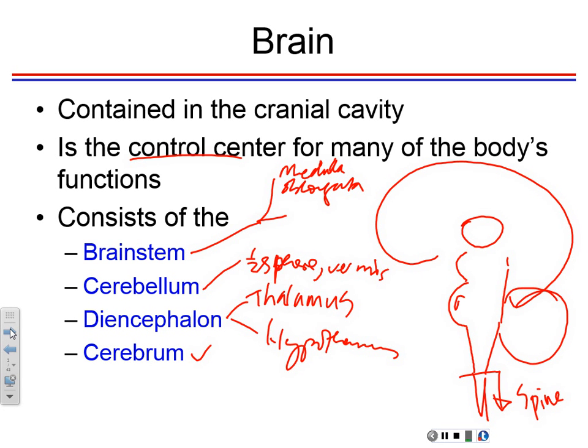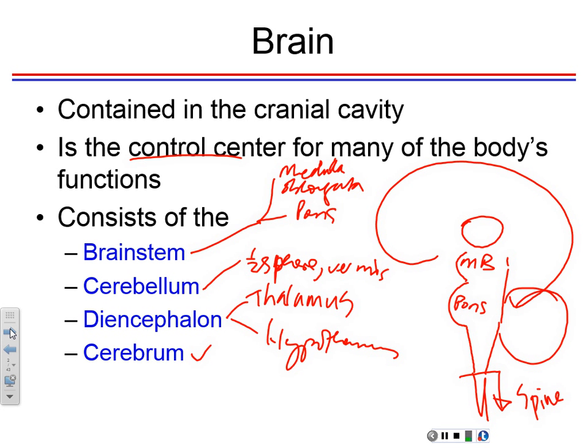This is the pons. You see this bulging thing? Pons means bridge in Latin. So it's a bridge of information between the lower parts of the CNS and the upper parts. It's like a conduit of information, and it sends it up like a bridge, just like you cross a bridge. So the pons is a bridge, and then of course this is the midbrain.